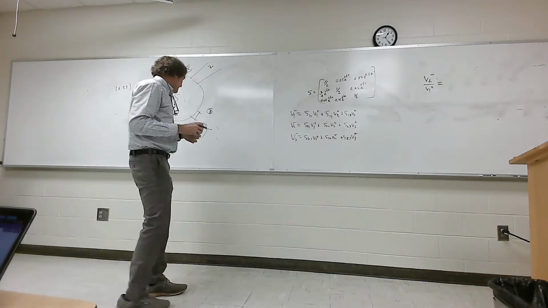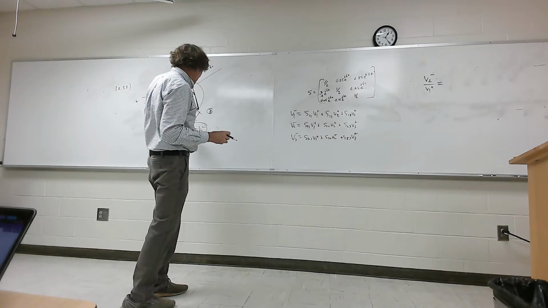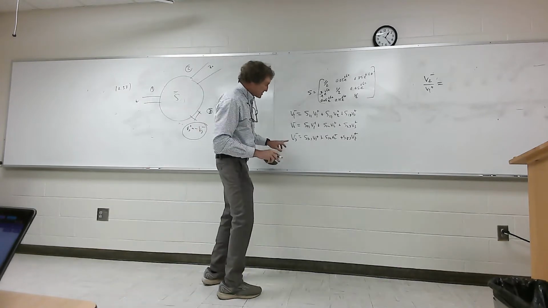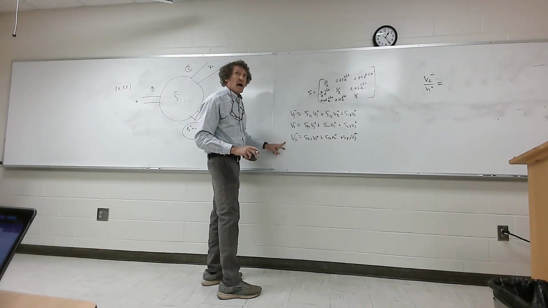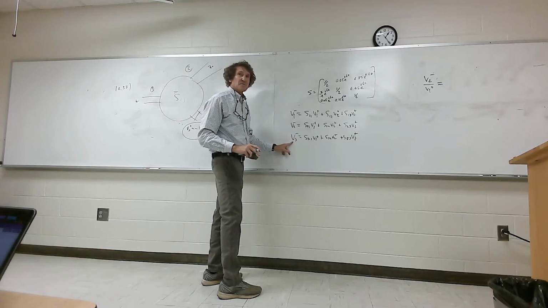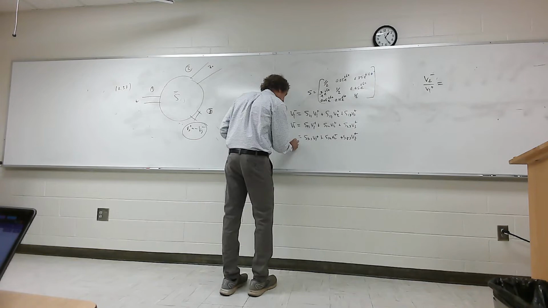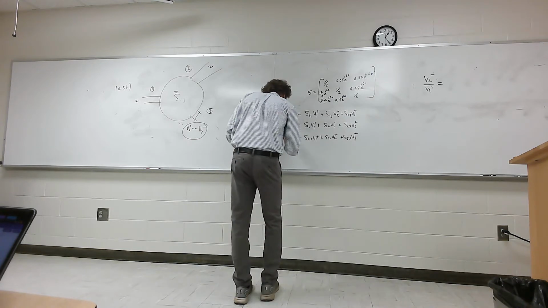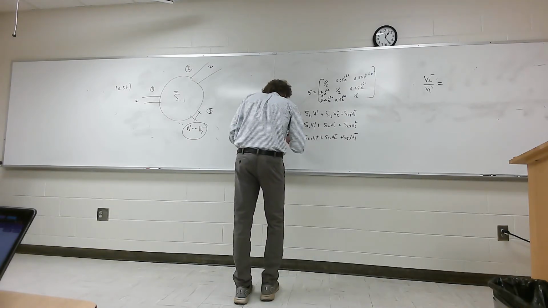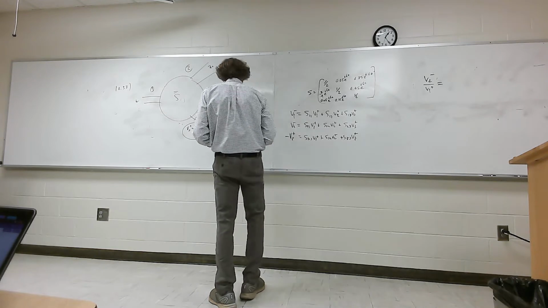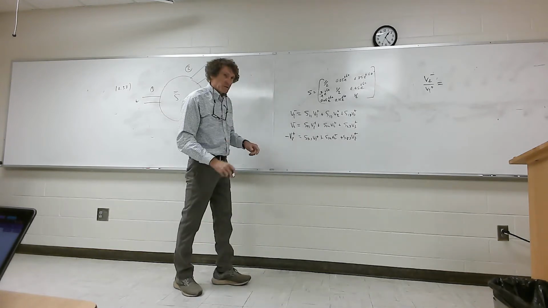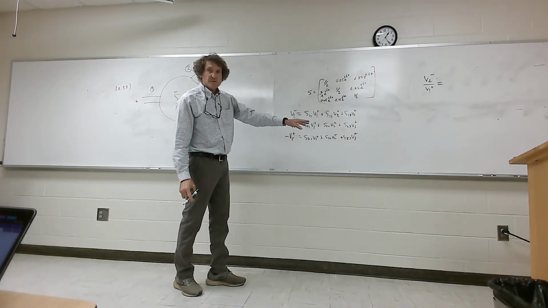I come over here, and that means V3 minus is minus V3 plus. So on this equation, I'm going to change this to minus V3 plus. You all follow me? You'll see why in a second. And now what I'm going to do is get everything in terms of V3 plus.